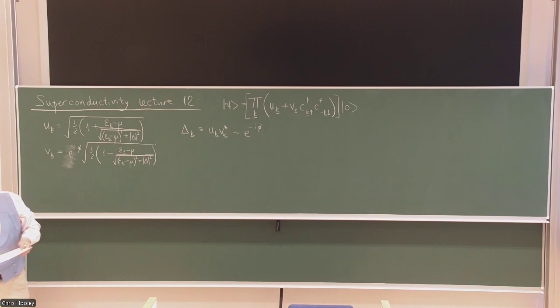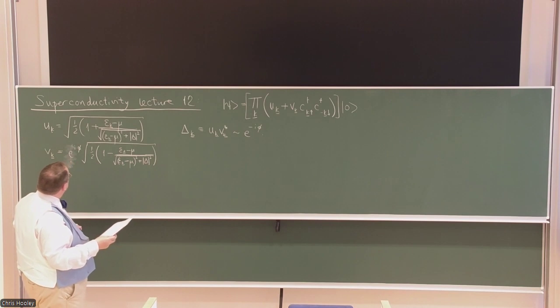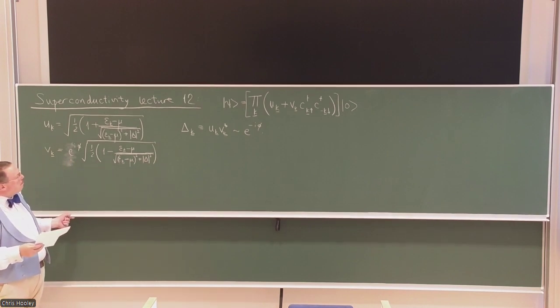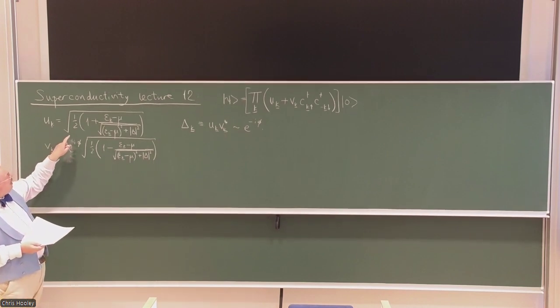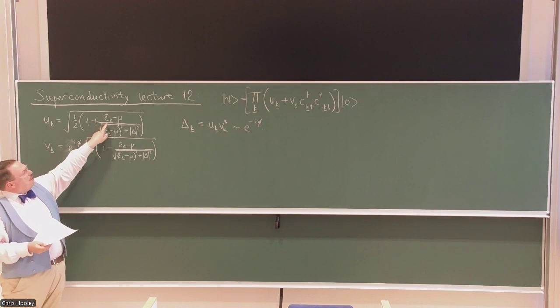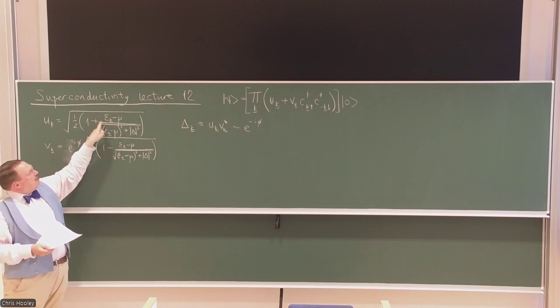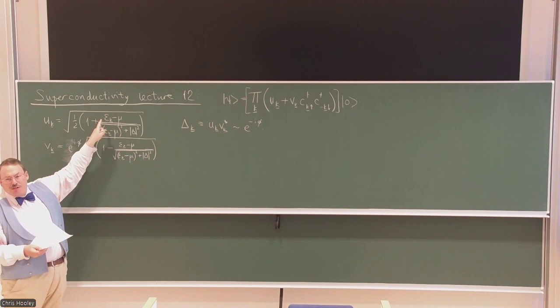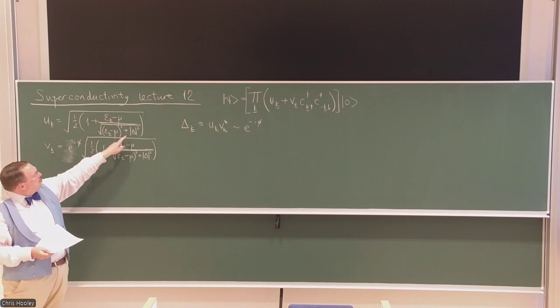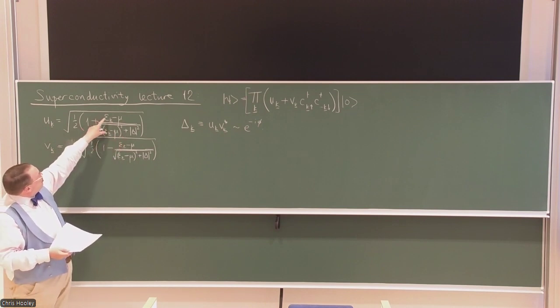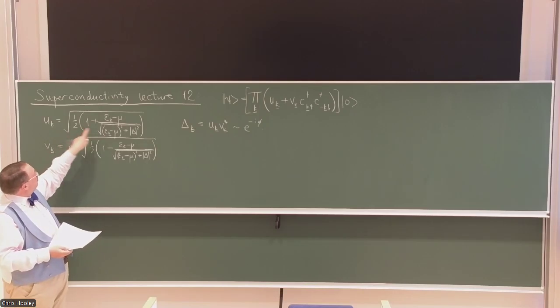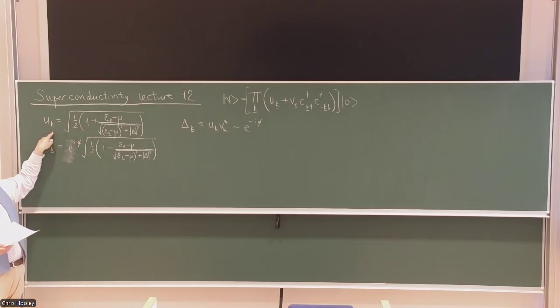But there's some stuff you could only write down by picking a gauge, and these V's are one of those things. Just as a sense check, let's look at what happens very far from the Fermi surface. So if I go very far above the Fermi level, then this E_k minus mu becomes large and positive, delta becomes unimportant, this factor goes to 1, so this becomes a half of 2, which is 1, so the U's go to 1 very far above the Fermi level.